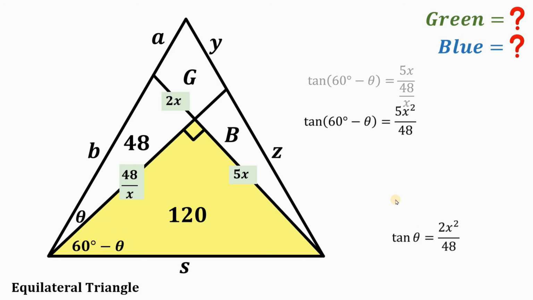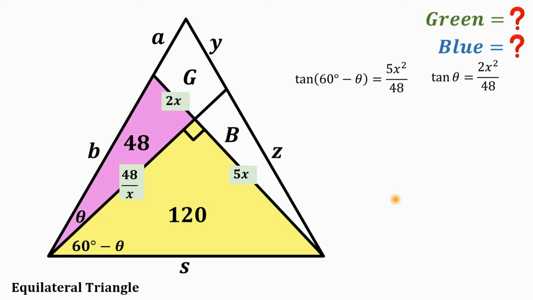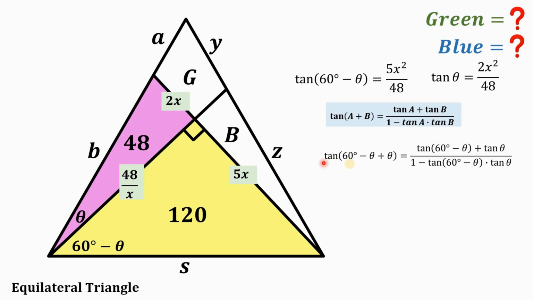Now, we will use these two results, because take note, we have an identity that says that tangent of A plus B is equal to tangent of A plus tangent of B all over 1 minus tangent of A times tangent of B. So, using this, we have tangent of 60 degrees minus theta plus theta equal to tangent of 60 degrees minus theta plus tangent theta over 1 minus tangent of 60 degrees minus theta times tangent of theta.